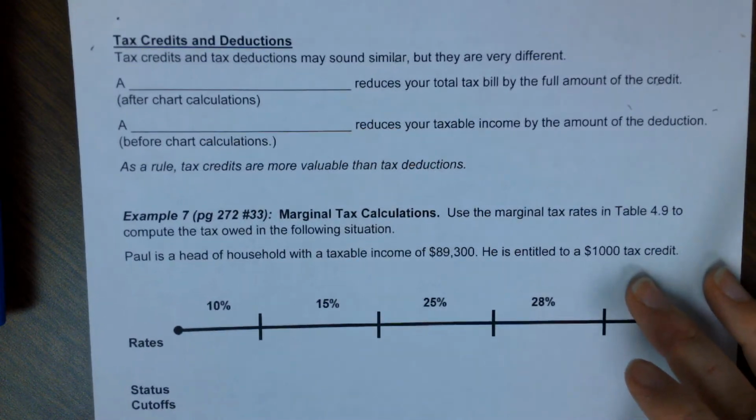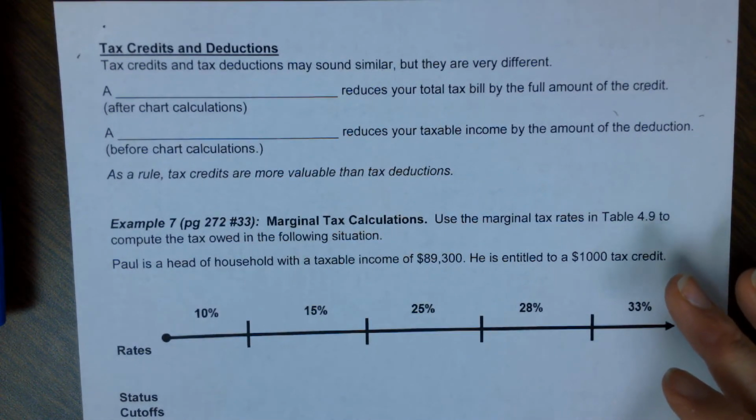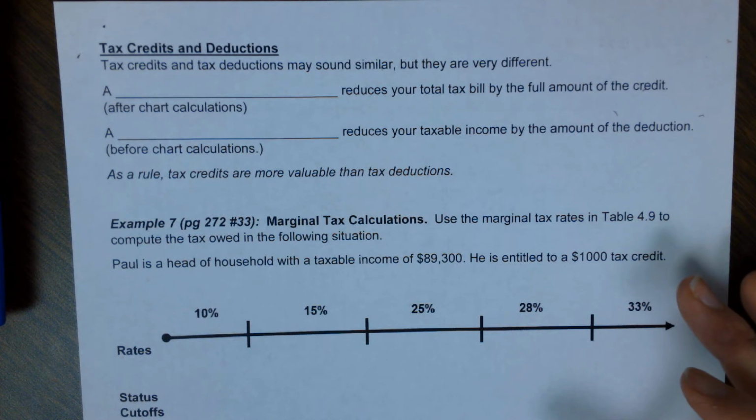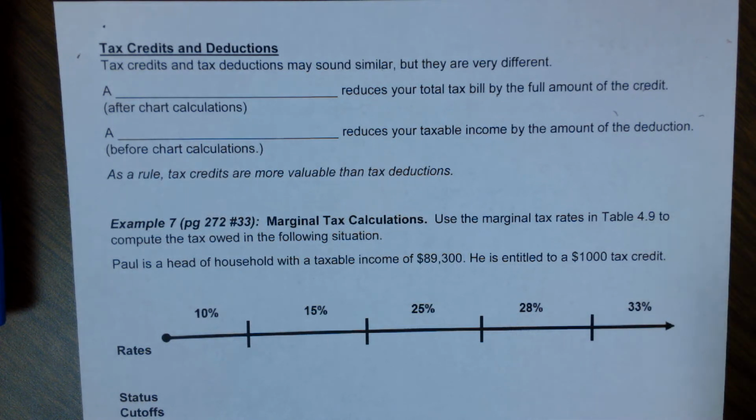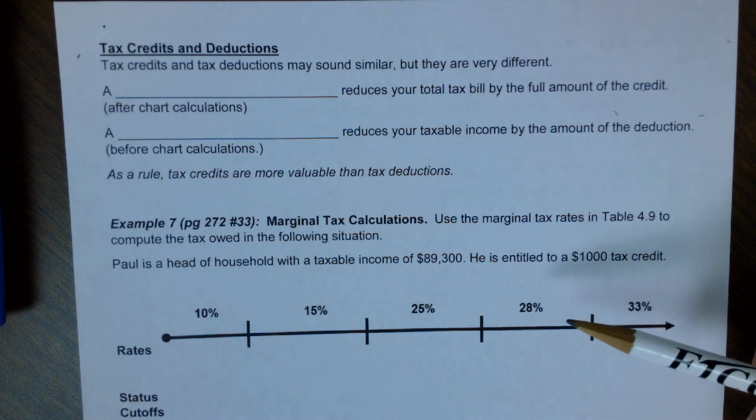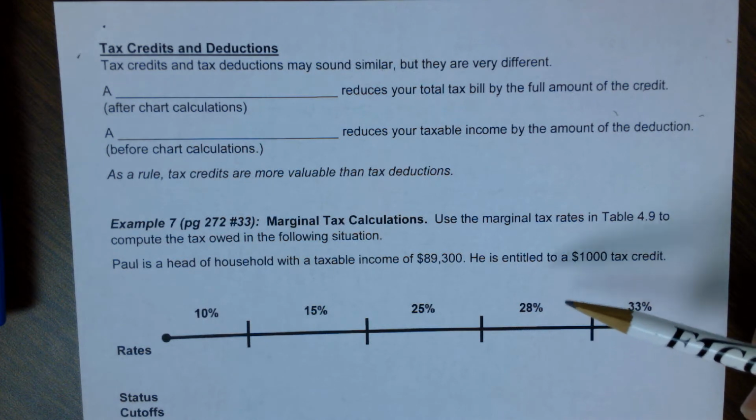Okay, now let's talk about tax credits and deductions. So credits and deductions, they're similar but different. They both take money off of what you owe, but one comes before your tax calculations and one comes after.